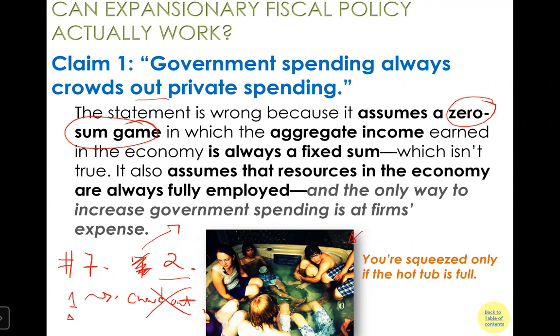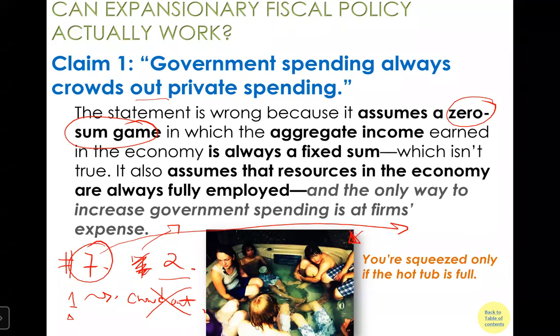This is number one. The other way to think about this is, if you have a guest join, like in this case government spending, you can potentially make this jacuzzi bigger. Before, you could only accommodate 7.